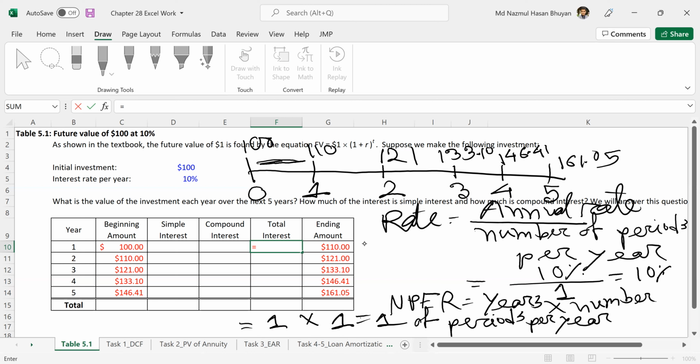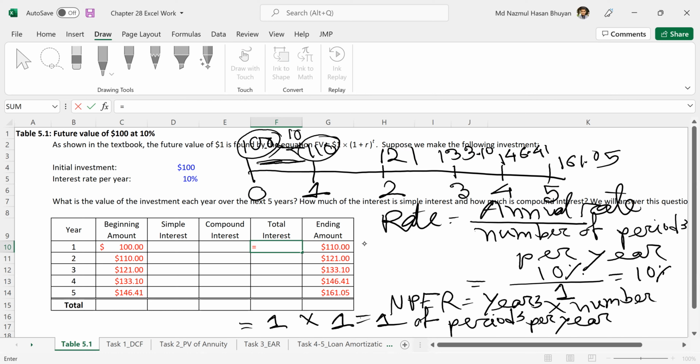So how come your money has grown from $100 to $110? Yes, the only way it is possible is that you earn some interest. And then what is that interest amount? That is the difference between the beginning amount and the ending amount. So you started with $100, you end up with $110. So the gap, $10, is your total interest.